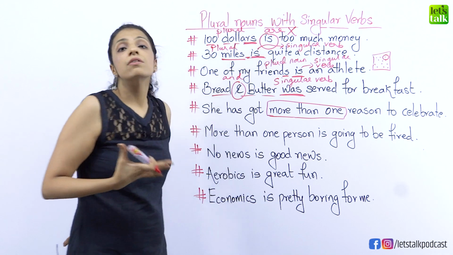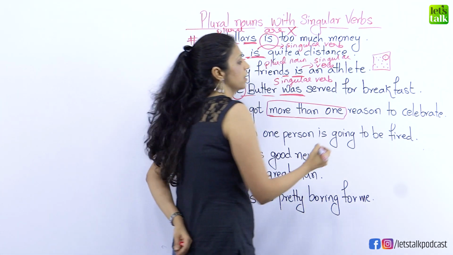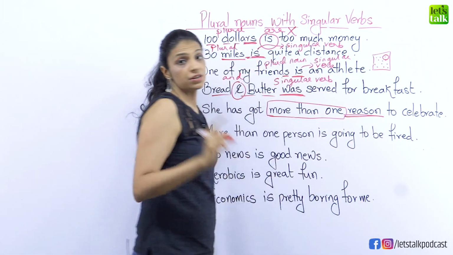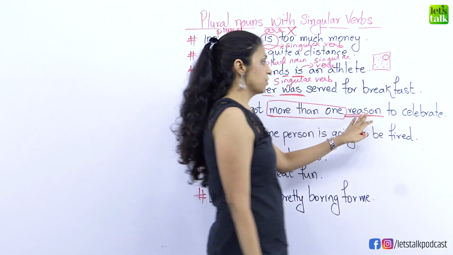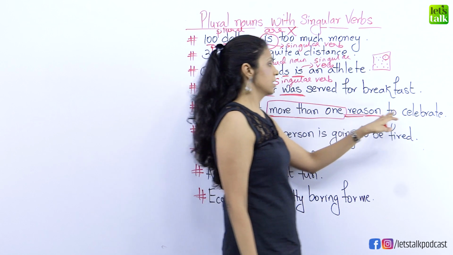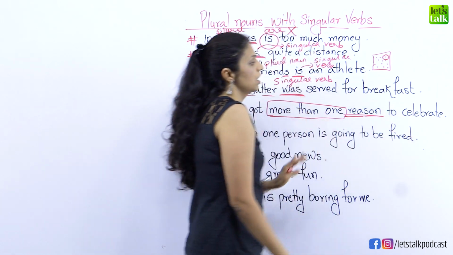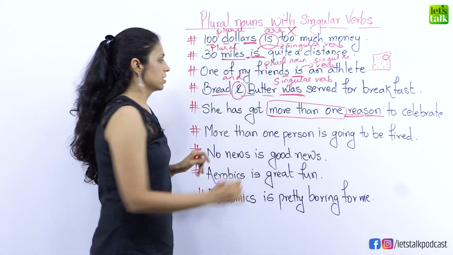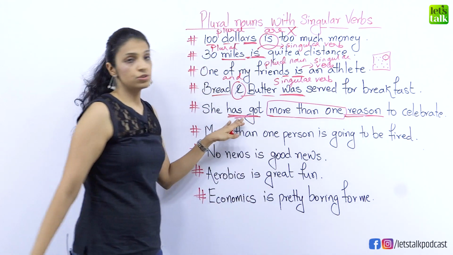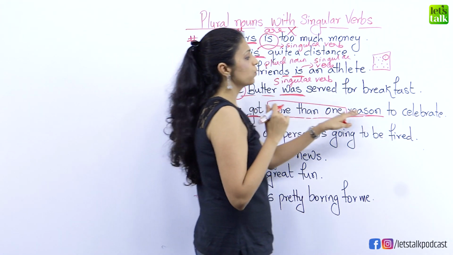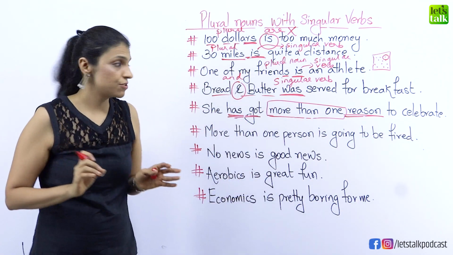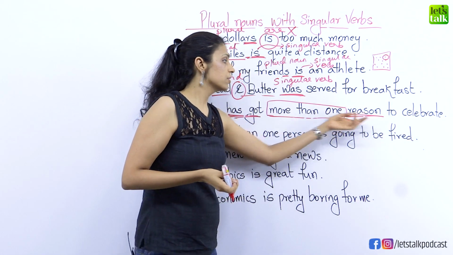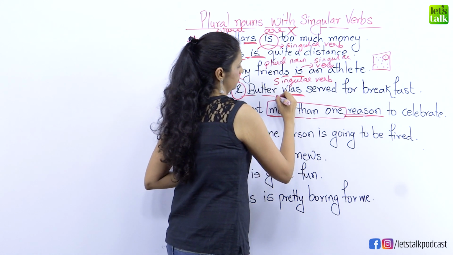I'm putting a plural expression, okay, and though I mean more than one reason, remember the rule is you put the noun in singular, okay, followed by the verb. So, she has got, I have used a singular verb, she has got more than one reason to celebrate, not reasons, okay.